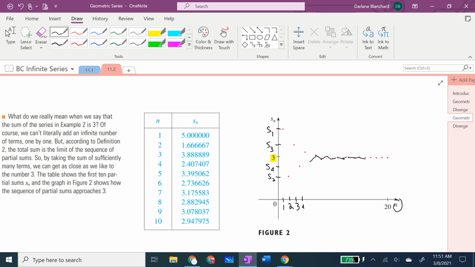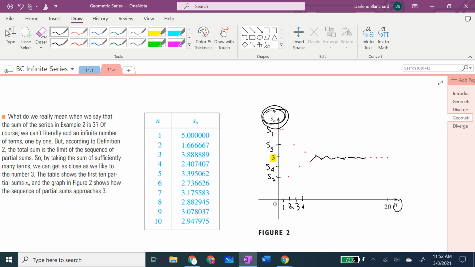If you look at a graph of the plotted points of the nth partial sum, you will be getting an answer if you have a horizontal asymptote. Do you see what I'm saying on that? This is horizontally asymptoting to 3.